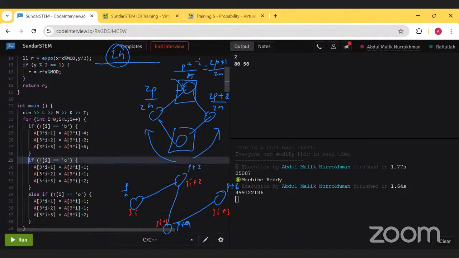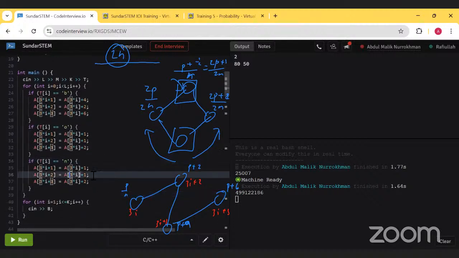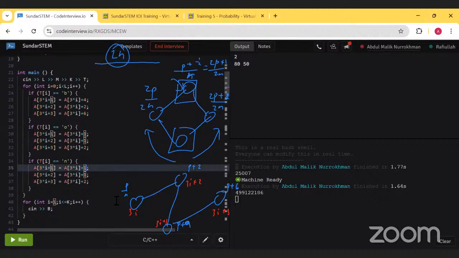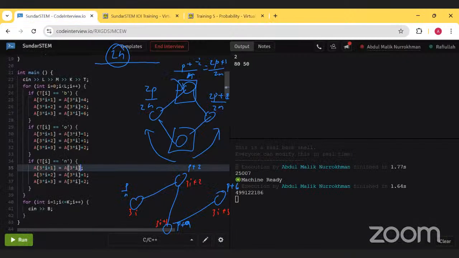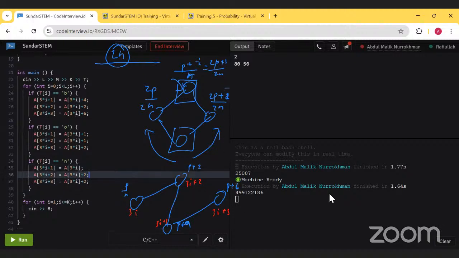We can ignore else because all of the cases are different.